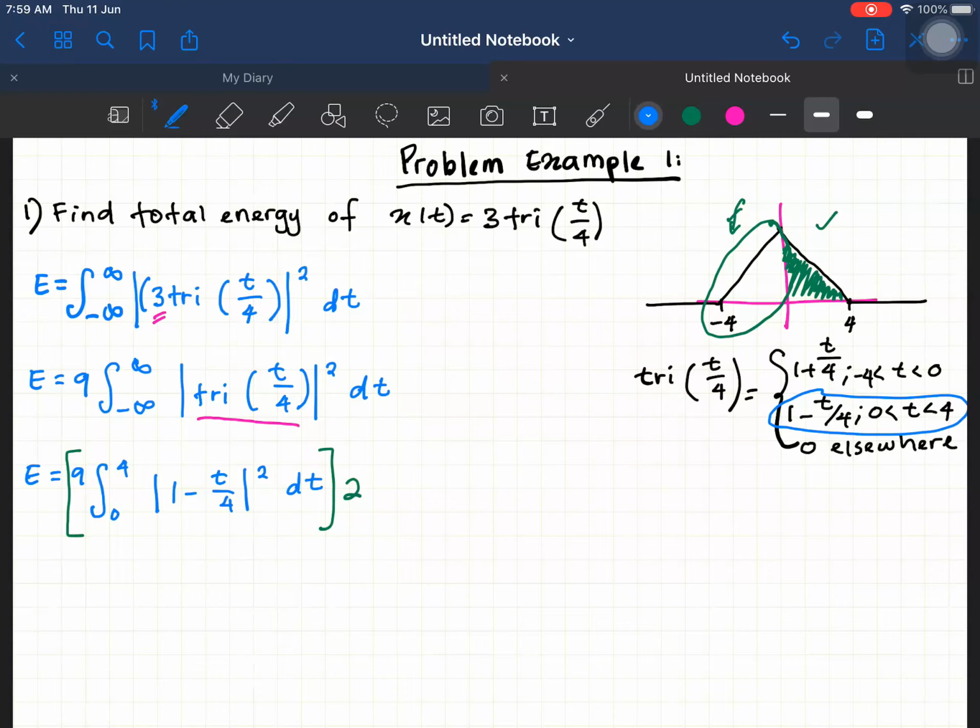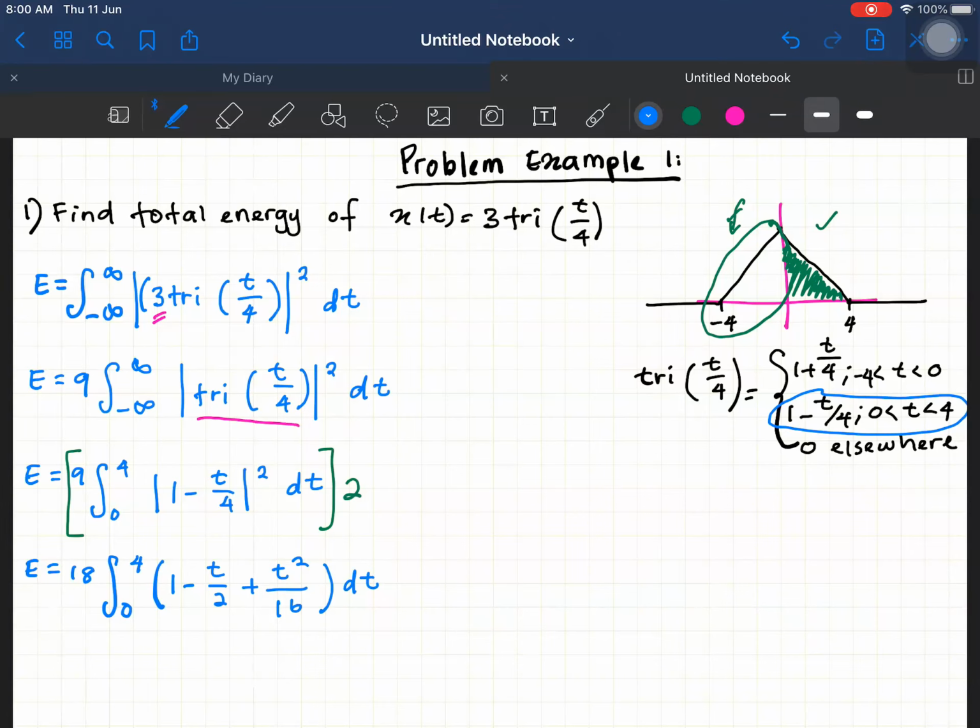Since you multiply by 2, this will become 18, from 0 to 4, and if you solve the one inside the bracket, you will get 1 minus t over 2 plus t squared over 16 dt.